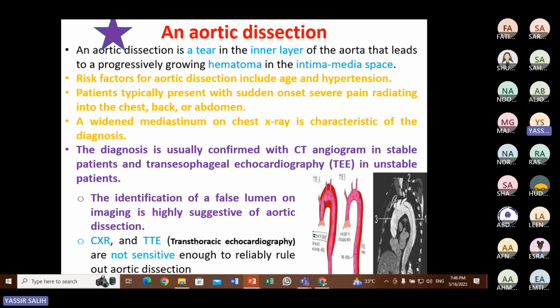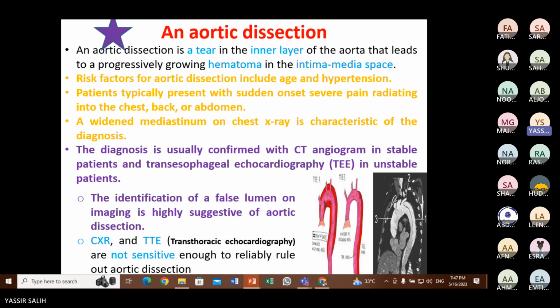What is the best or appropriate imaging technique for diagnosing aortic dissection? CT with contrast. For blood vessels, I can say CT with contrast or CT angiogram, if the patient is stable. If unstable, we can do transesophageal echocardiography. The most important thing is to know that in a stable patient it is CT angiogram.